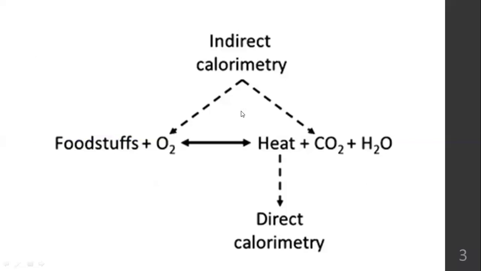So how do you estimate the heat produced? There should be some appliance, right? Some instrument, some equipment should be there, which will help you to estimate how much heat is released, okay? Or how much calorie is being produced, or how much calorie is being burnt.